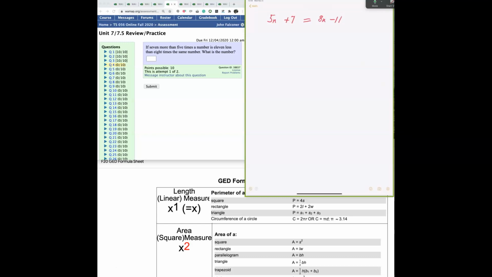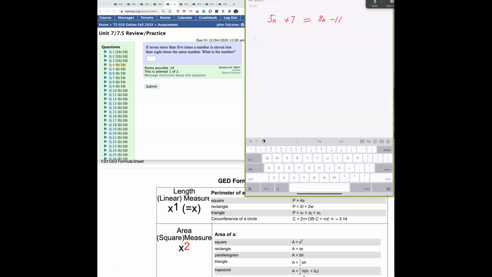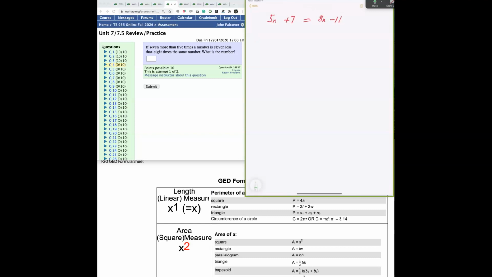So let's see how this looks. We'll reread the problem, see what we think. 5n plus 7, 7 more than 5 times a number, and that's equal to 8 times n minus 11, 11 less than 8 times n, okay?